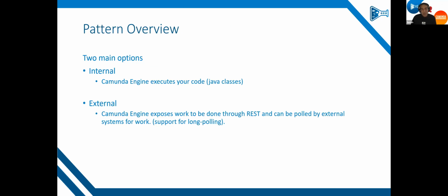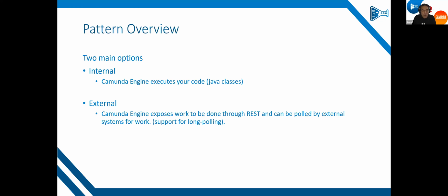So the patterns we have for Camunda, there are two main patterns. There are more that you can use, and I'll probably get more into that later on. But the biggest ones are divided into external and internal. So there are a lot of ways to run Java code internally and let the engine execute them.